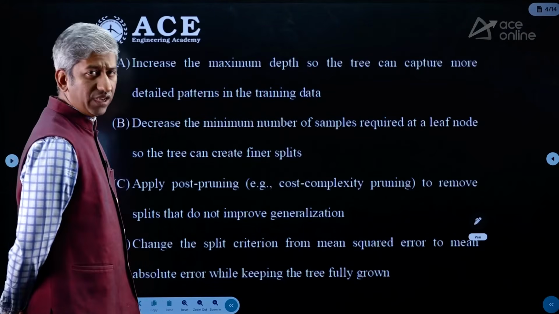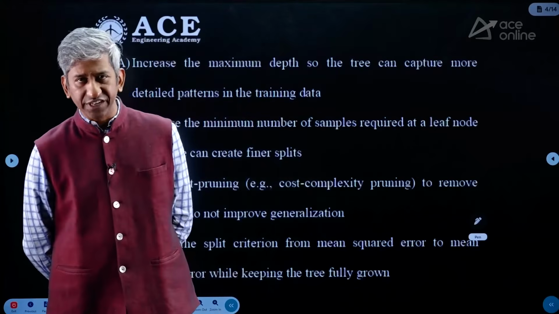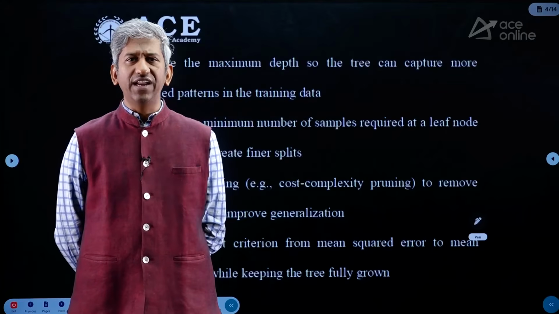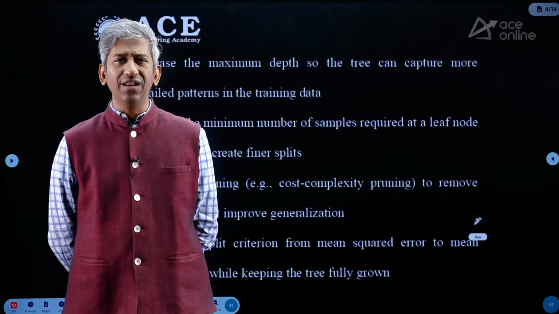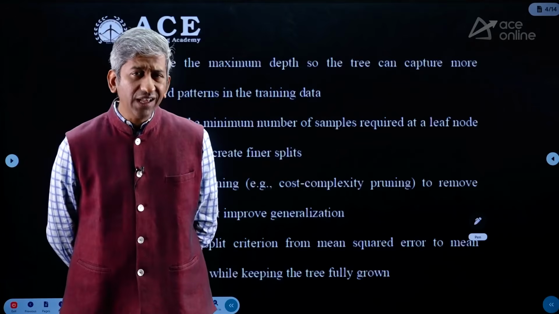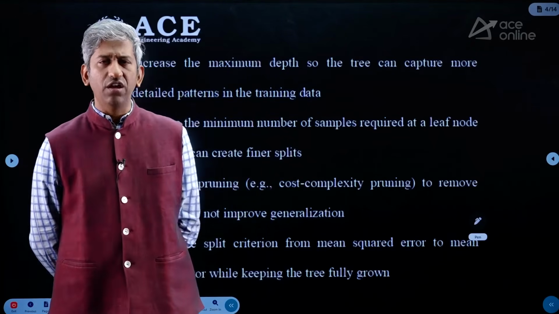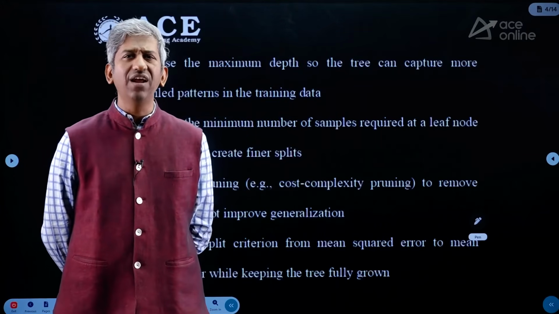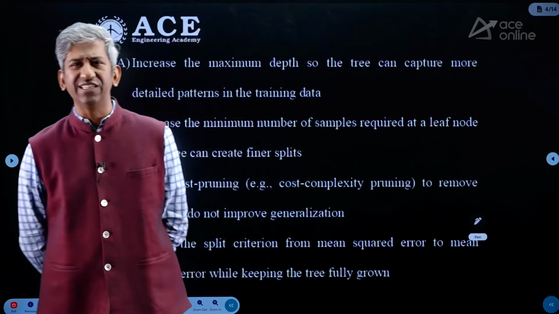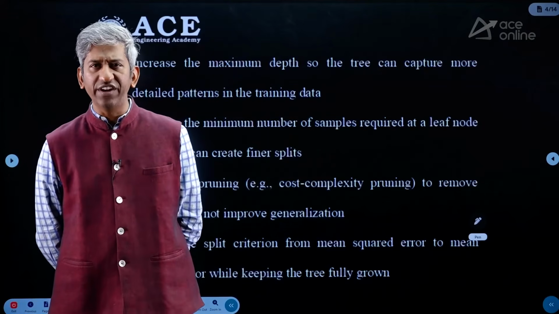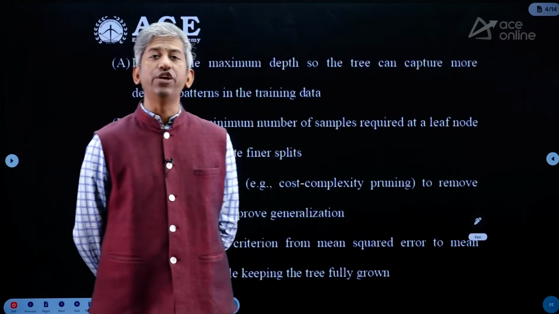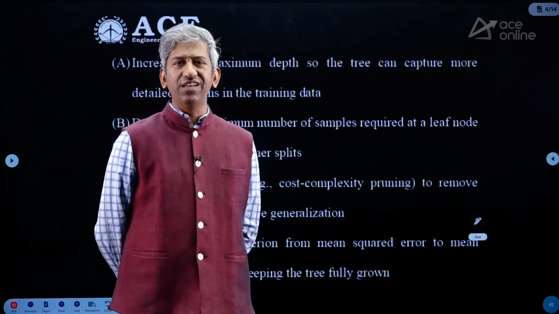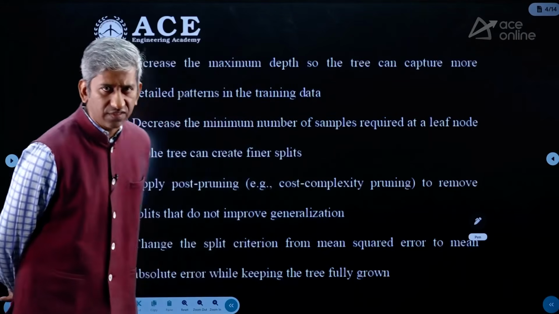So here there is a regression tree, which means the target in your data set is numerical in nature. And what is the behavior it is showing? On the training data, the tree is giving almost zero error, and on the unseen data, its performance is poor, such that it is an overfitted model. And the team wants to reduce it by applying some regularization method. What do we mean by regularization in decision trees? That is the question.